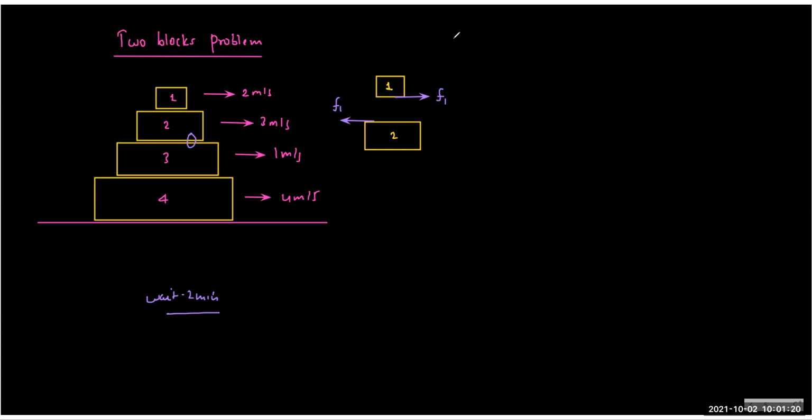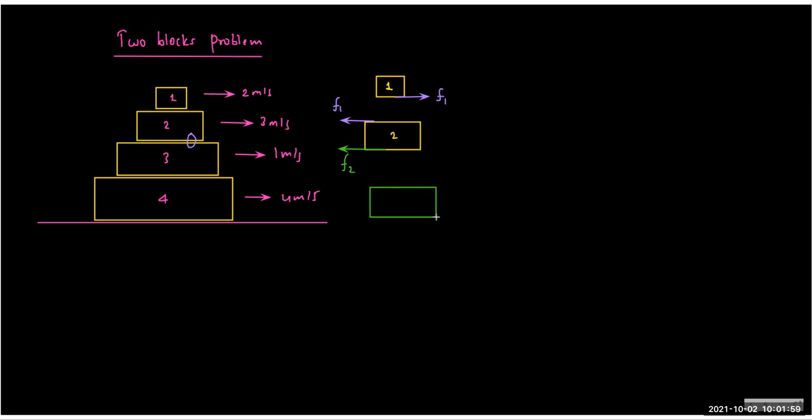So now 3 will decide. Tell me how 2 is trying to go in the frame of 3, towards right or towards left? Towards right. So now the friction is decided. It will act towards left. Let's call this F2.